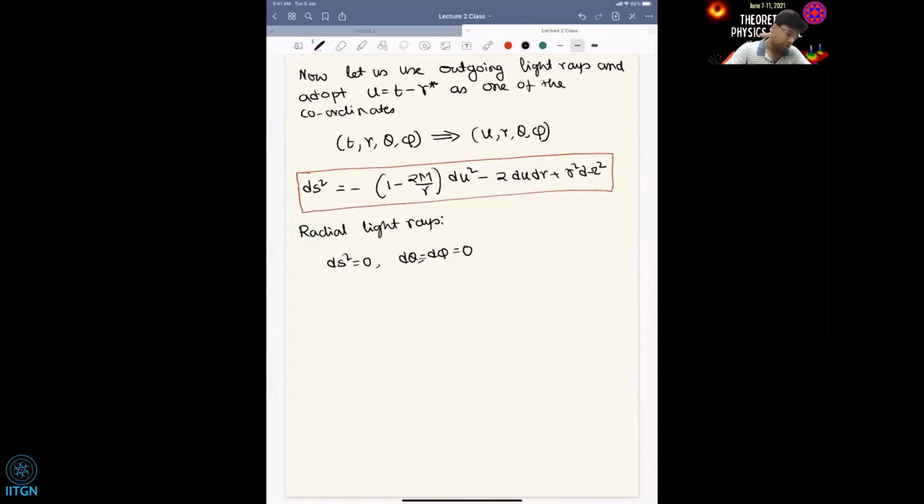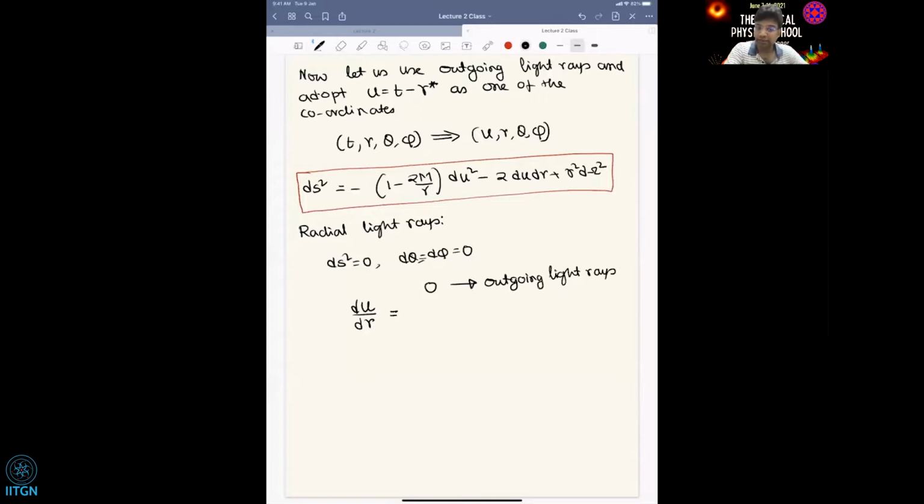If you do that, immediately you will find, just like previously we found dv dr, here we will find du dr. On the light ray, there are two solutions. One is 0, which implies u equal to constant, and therefore this must be the outgoing light rays.